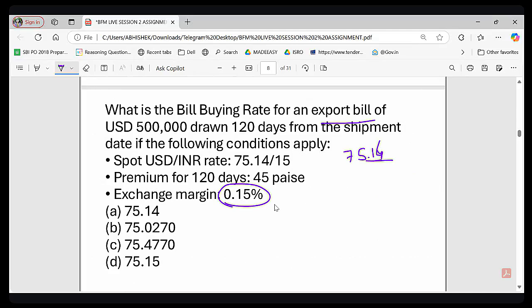Think carefully and type your answer. What do you think? Whether the margin is to be added or subtracted?